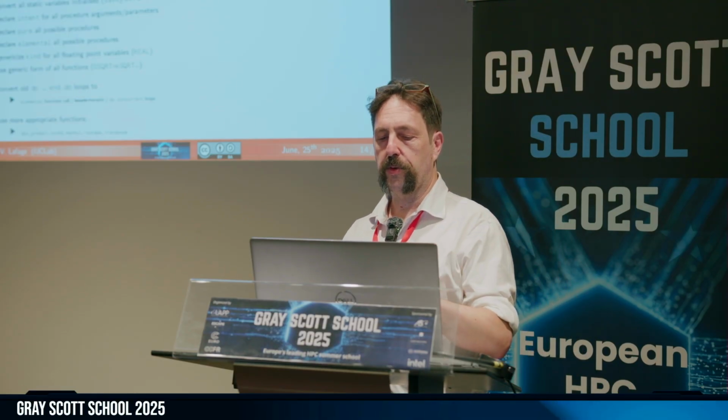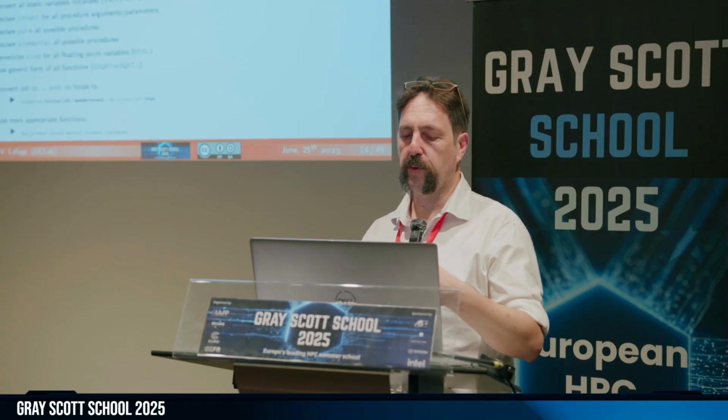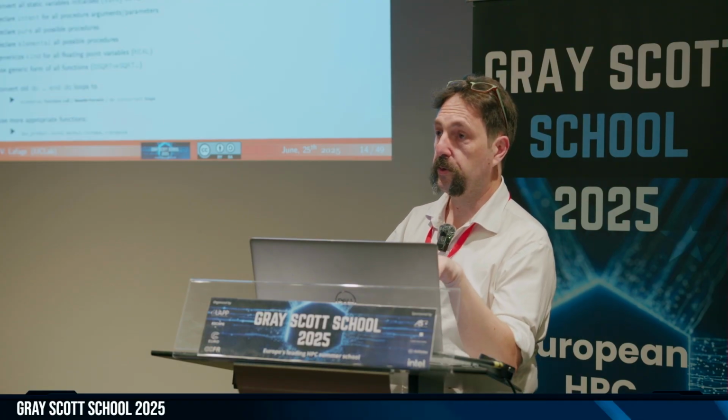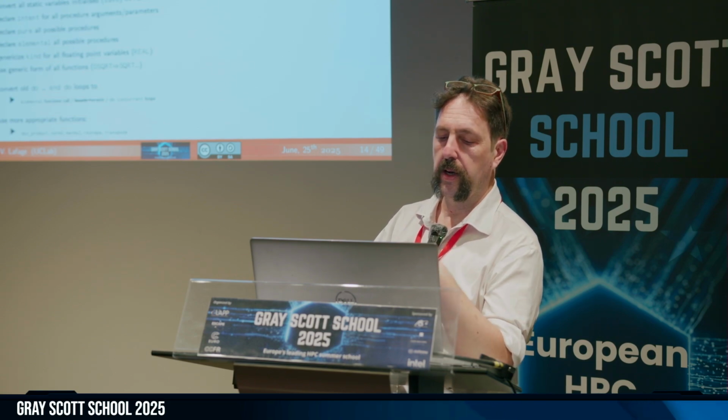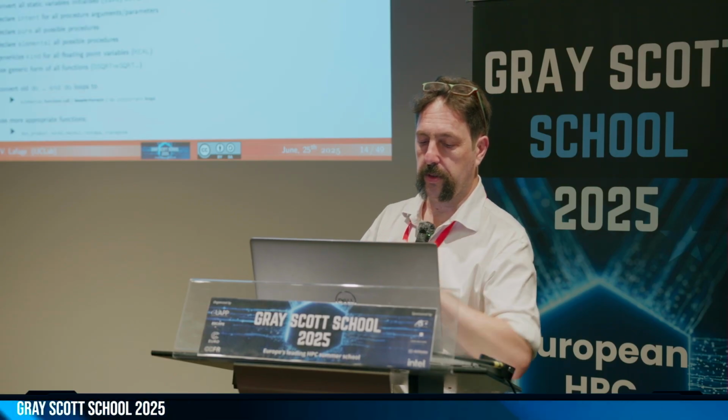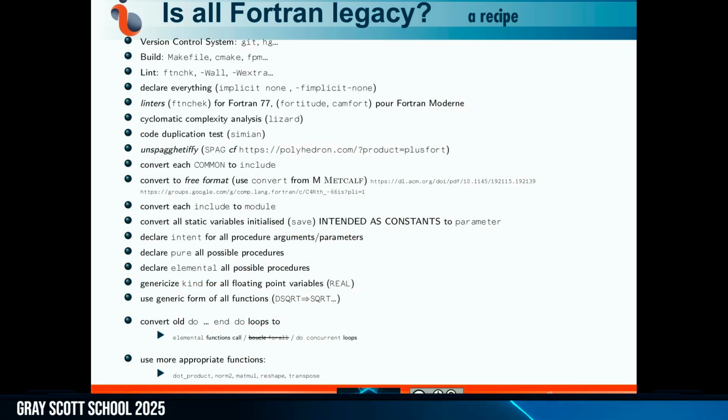So forall and do concurrent loops, the modern replacement, share the same aspect. You can only call pure functions inside the do concurrent loop. But yes, the new solution is do concurrent.